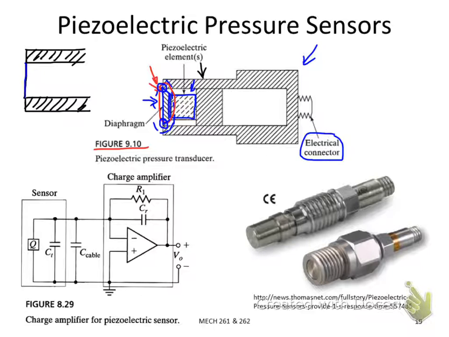Sorry, let me use black. This piece is a rigid block. Let me use the red one. We make it rigid because we don't want a big deformation in this area, so most of the deformations are concentrated at those two locations.